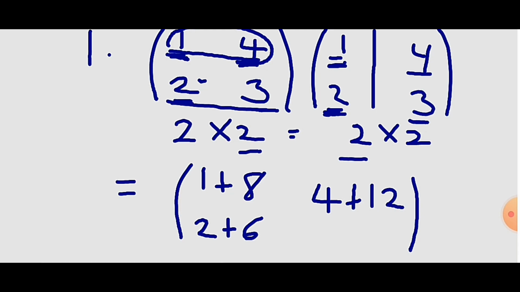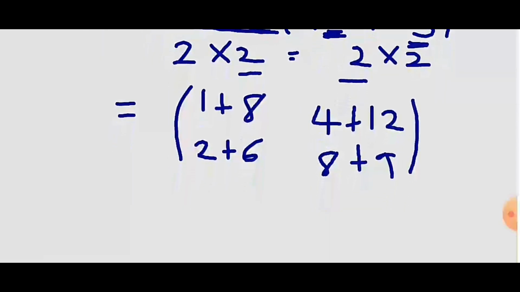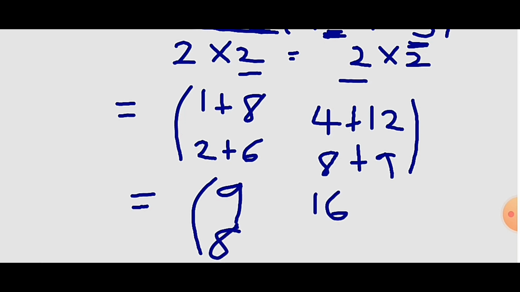Then 2 times 4, you get 8, plus 3 times 3, that is 9. And that will give us 9. 4 plus 12 is 16. 2 plus 6 is 8. 8 plus 9 is 17.